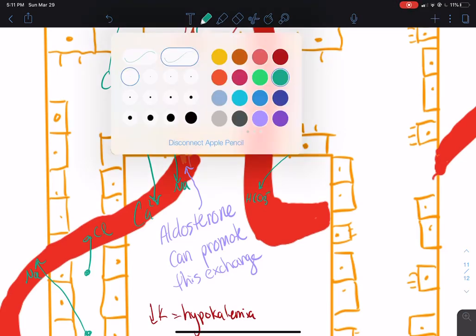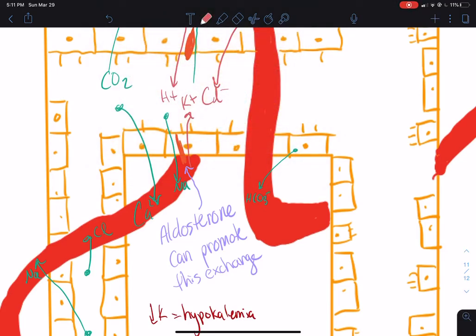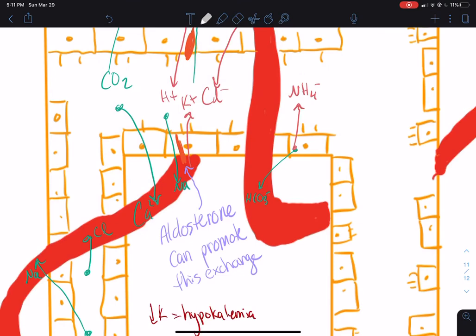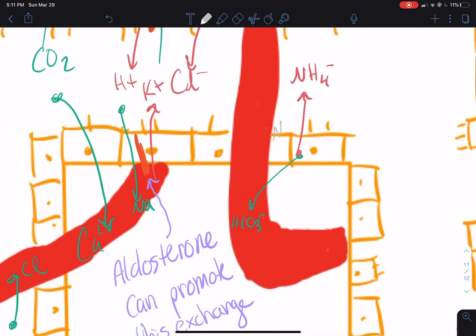But as one of the byproducts of breaking down amino acids, there is also ammonia. And so ammonia is going to get pumped into the tubular fluid. Like I said, ammonia is the one that actually gives that urine-like smell to it. So we can write here that this is amino acid breakdown, AA breakdown, and this is a byproduct of that.